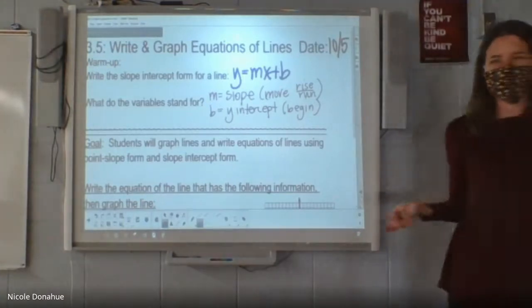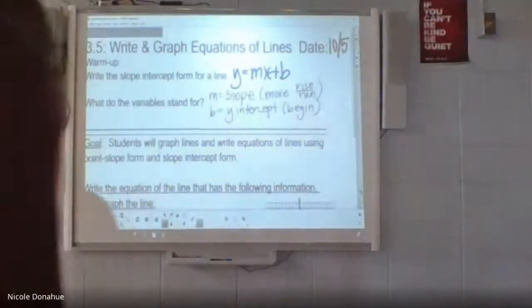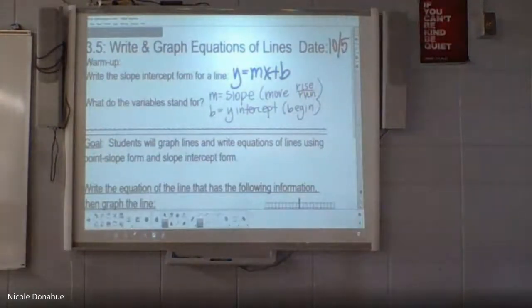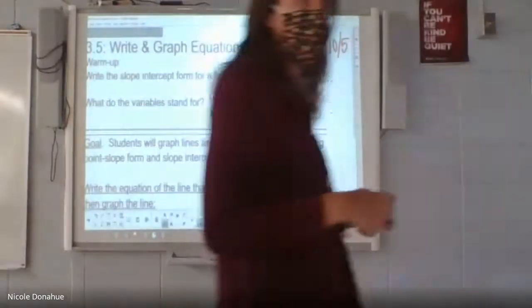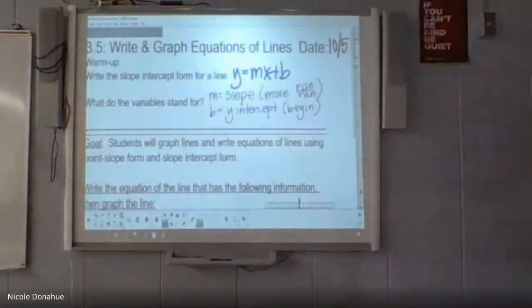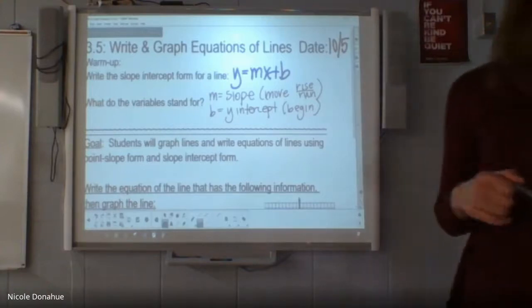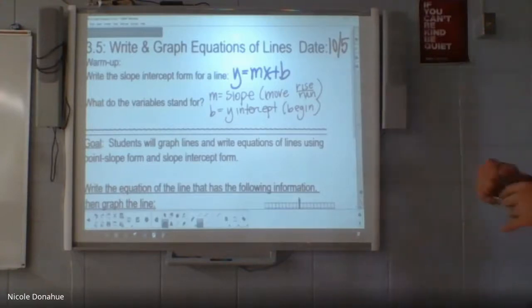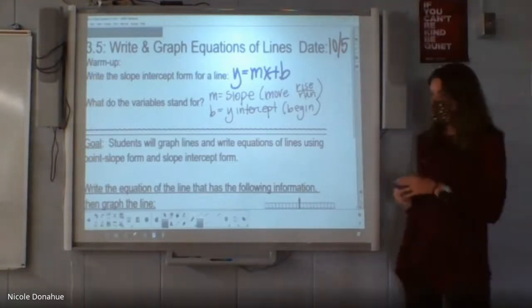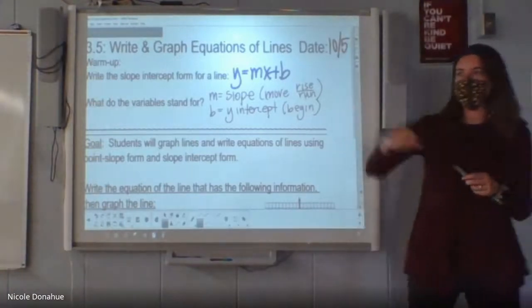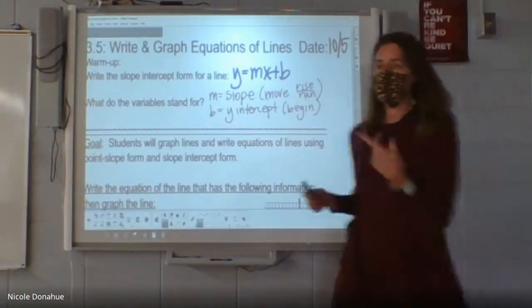Kind of a weird question is, what do the x and y's stand for? It might be so obvious that you like to know it. What are the x and y's? We're talking about graphing. What would x and y be? Yeah. The x-axis and y-axis. It could be, not necessarily in that equation. Yep. More points. Yeah, they're just all the different points.